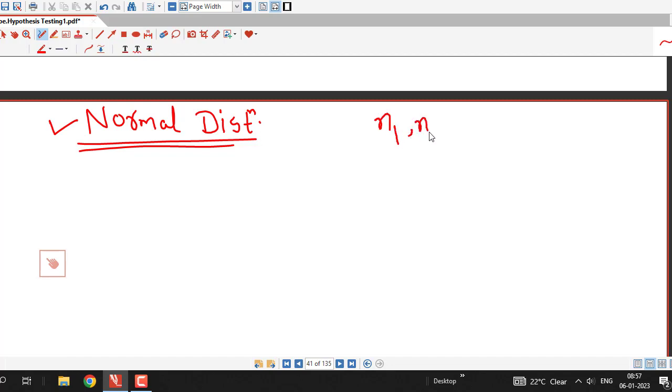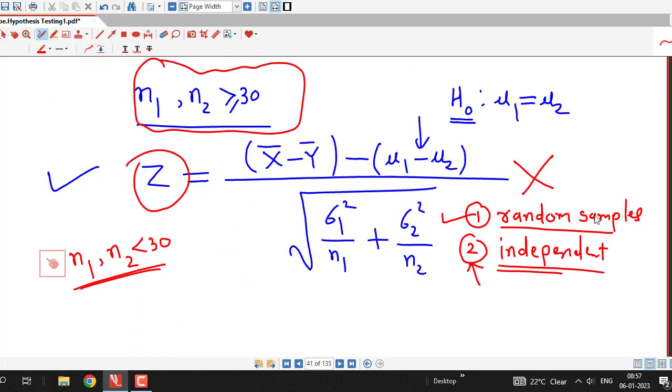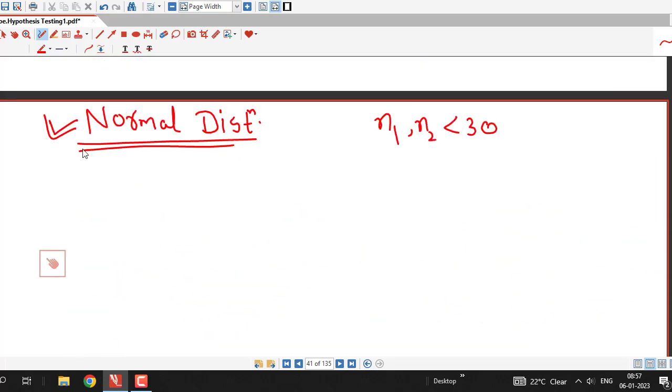If our sample size is small, that is less than 30, then under this assumption, together with all the other assumptions which are always there for the two sample z test or two sample t test, we are adding one more assumption, that the populations must follow normal distribution. If these assumptions are satisfied, then we can go for applying the two sample t test.